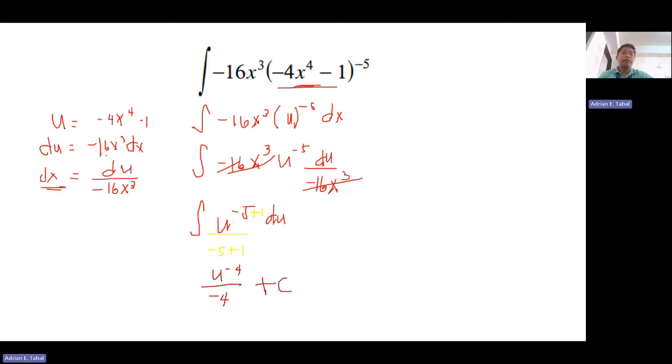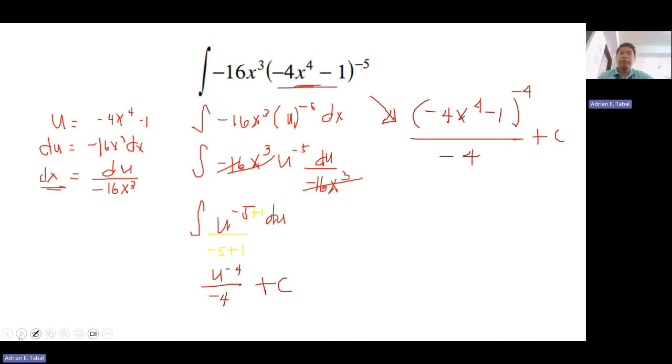Since we have the value of our u, which is negative 4x raised to 4 minus 1, that will be negative 4x raised to 4 minus 1, raised to negative 4, all over negative 4 plus c. So this is the integral of negative 16x cubed multiplied by the quantity negative 4x raised to 4 minus 1, to the power of negative 5.